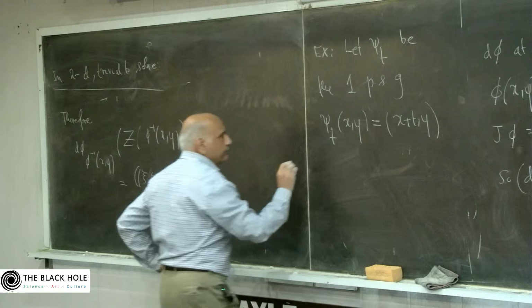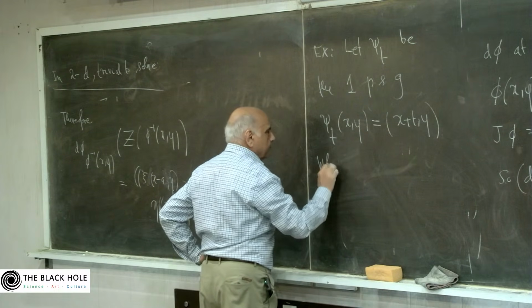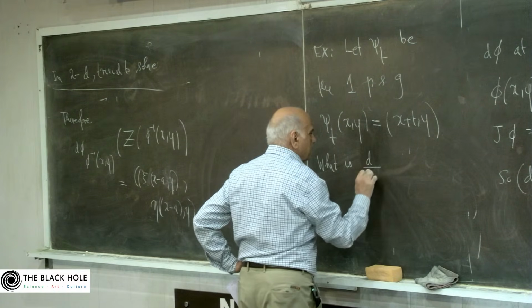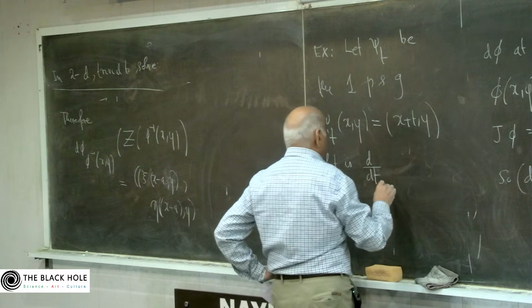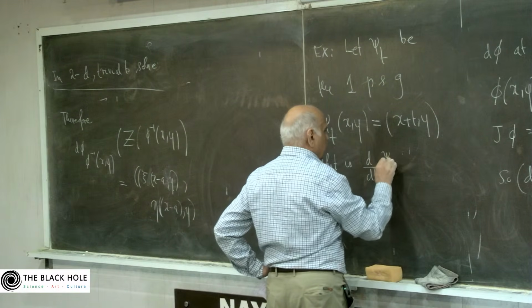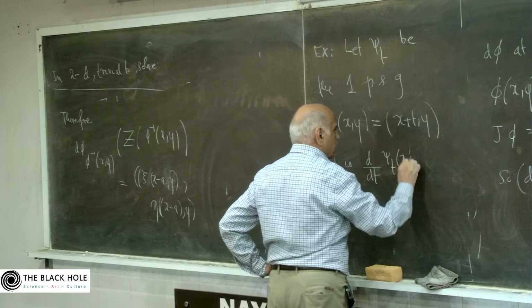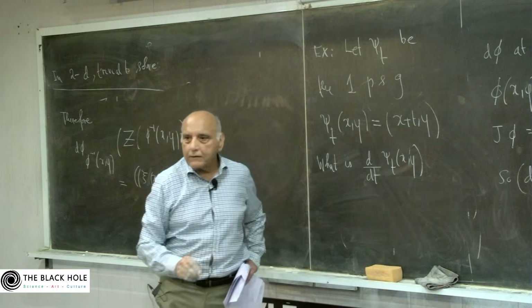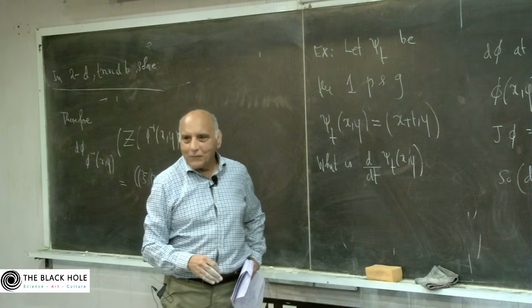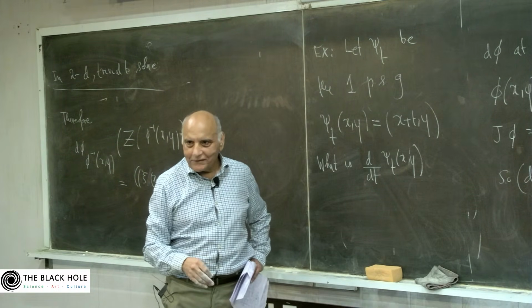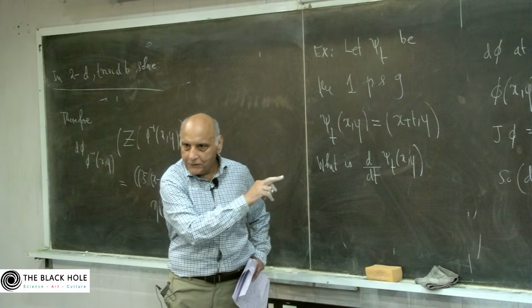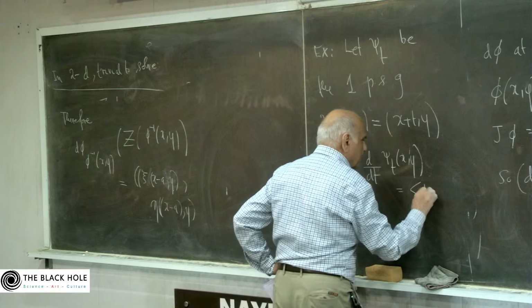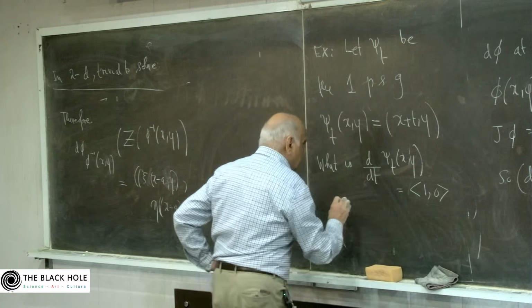What is d by dt of psi t (x,y)? Differentiate. What do you get? You are differentiating only with respect to t, so this is (1, 0).